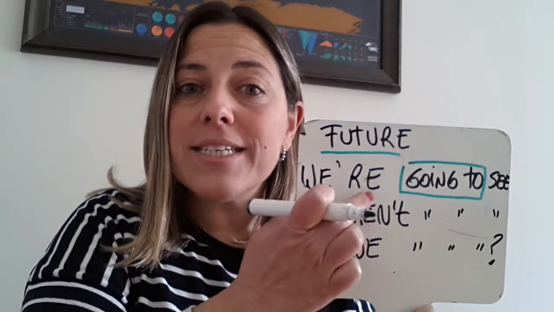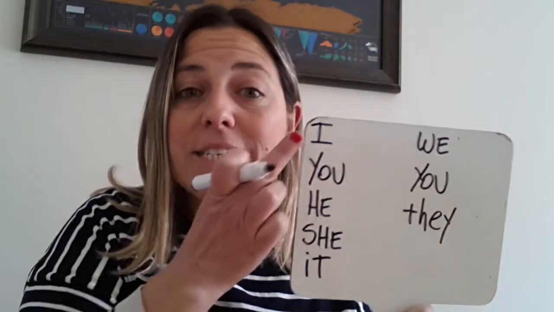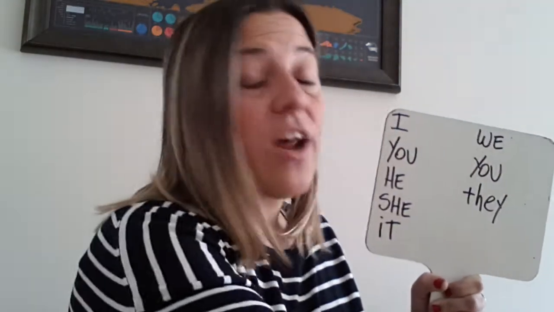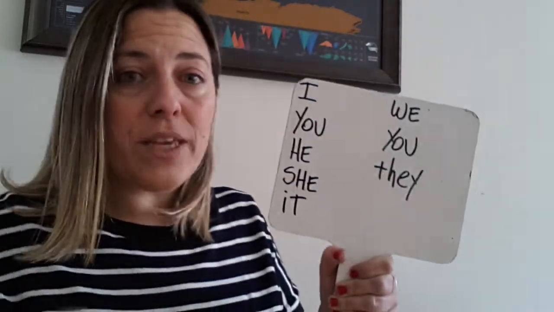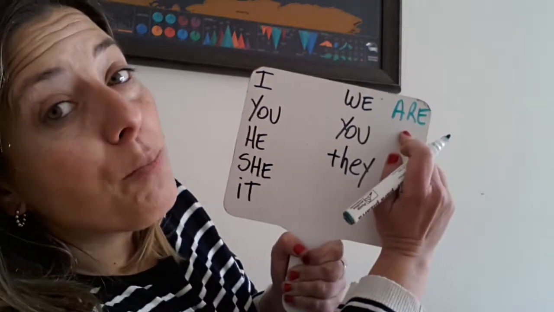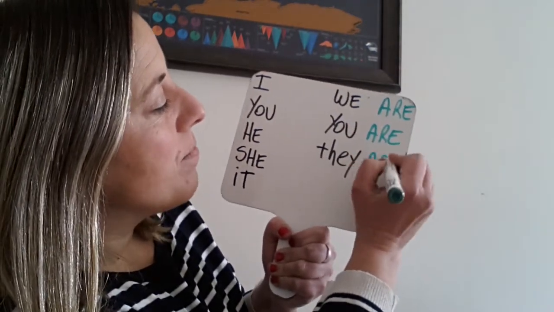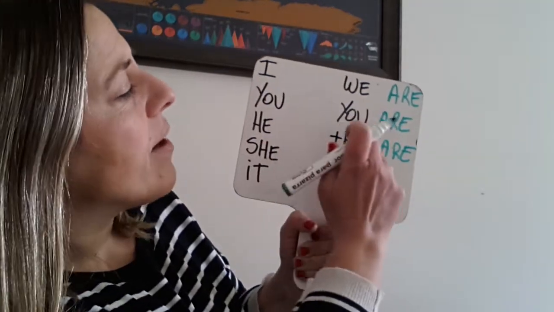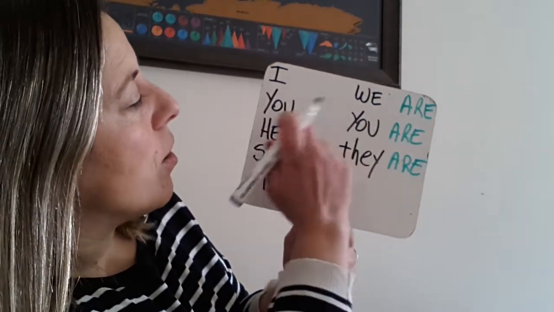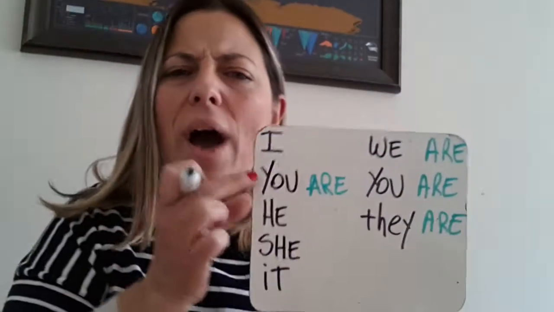Now, are is the verb to be for we. Then, depending on the person, there are different options of the verb to be. Yes? We are. We use are for plurals. You are. They are. Yes? Now, why are there two are? You remember? Why?